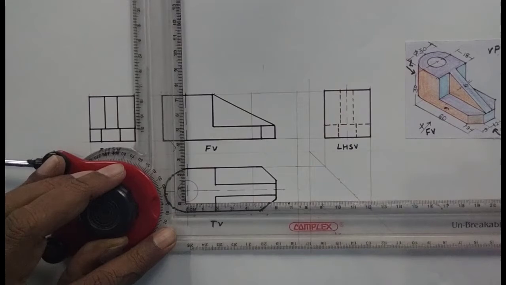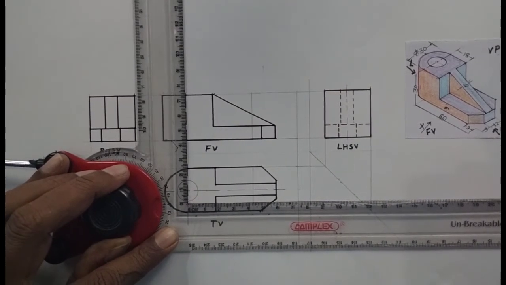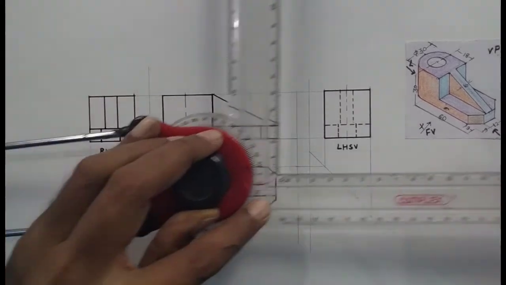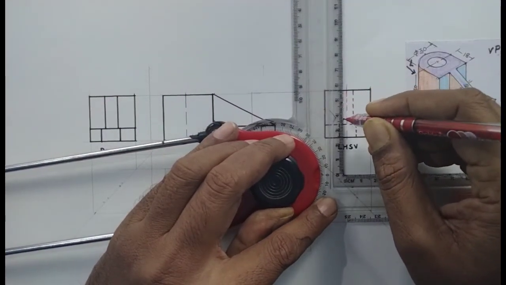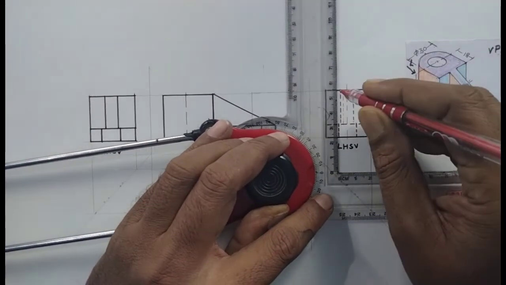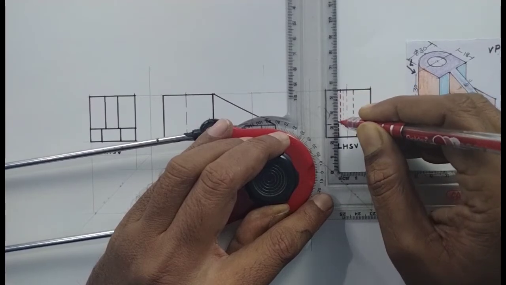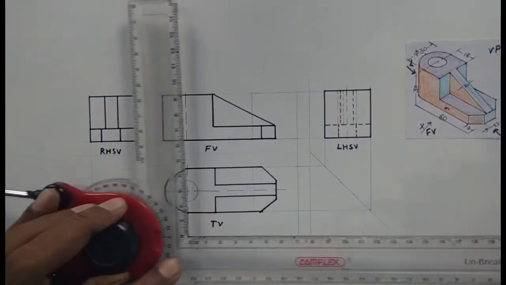The dimension of the hole is 15 mm, so 7.5 mm on both sides, with a dotted line. So it is outside of the rib. And here we have the dotted line.